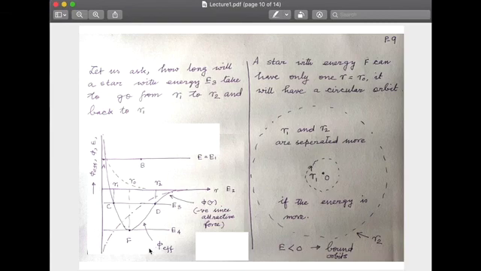As your energy goes close to zero, R1 and R2 separate out. As you can see, if I draw this energy line here, R2 minus R1 will be larger. As we go down in the energy, these two points, R1 and R2, come together. So this comes this way and this comes that way, until it hits R0, where these two merge.